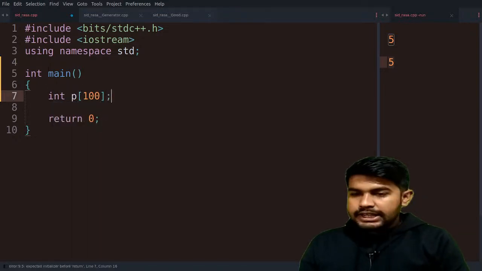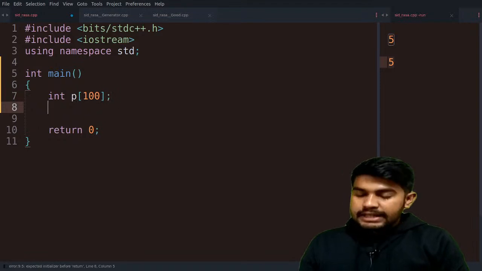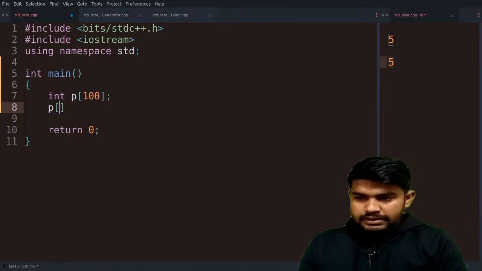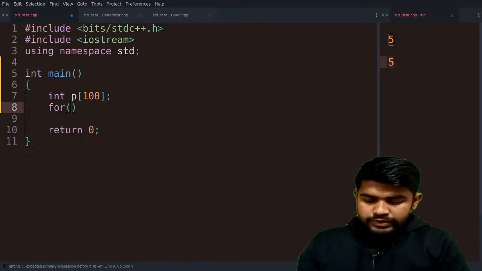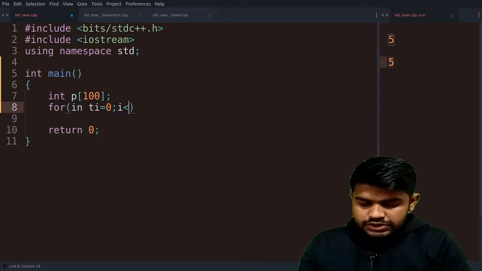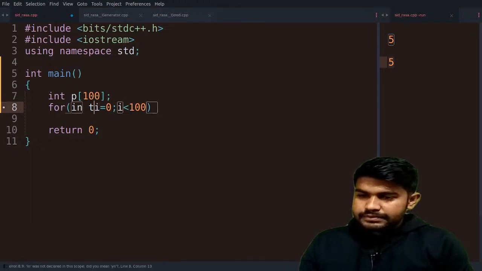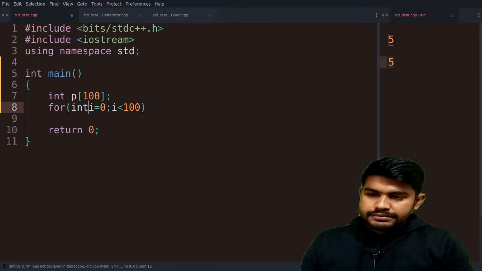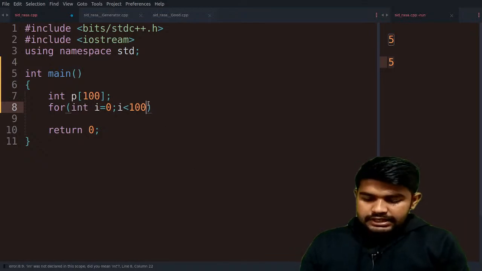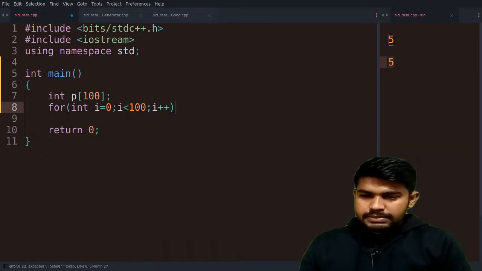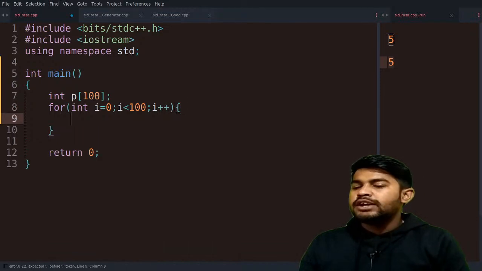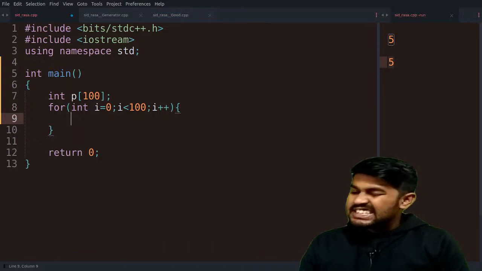We would mark everything. We would have a for loop, int i is equal to 0, i is less than 100, and i plus plus. Now we would get all the prime numbers less than 100.